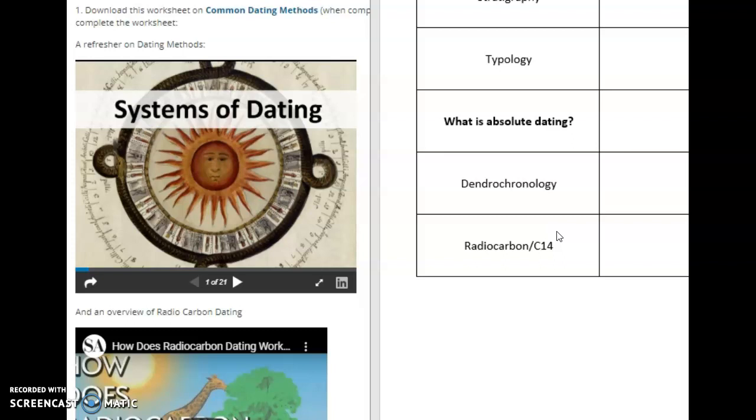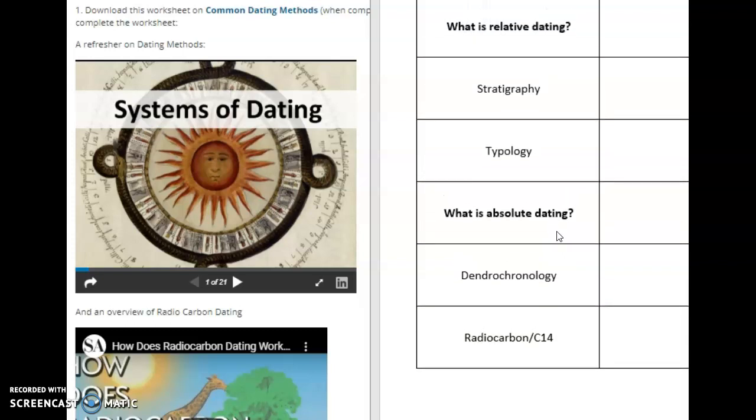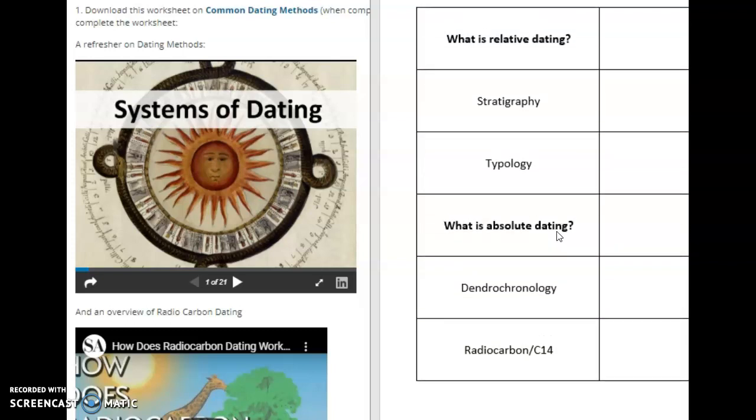So it needs to be living, so you can't date it like a whiteboard marker, but you could date a snail.